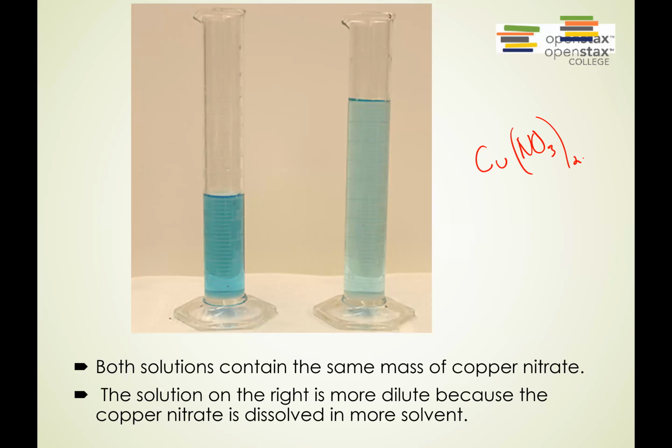So they both have the same amount of copper nitrate in them. It's just that this one has more water in it, so it's a lighter color. The lighter one is going to be the more dilute, and the other one is going to be more concentrated.